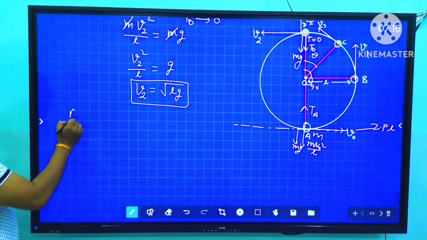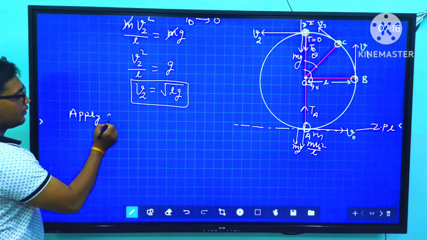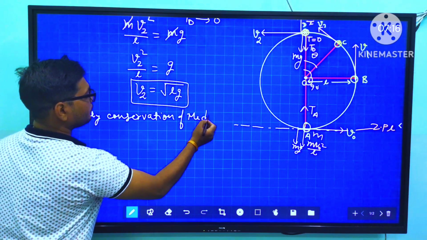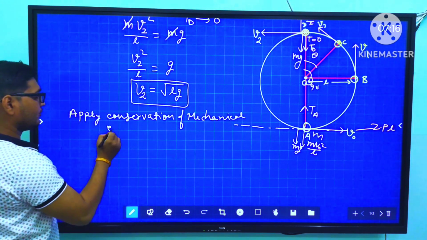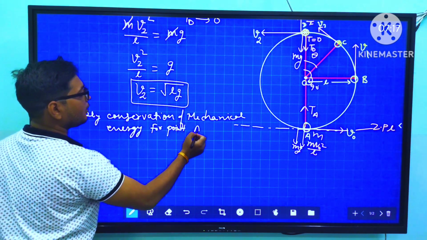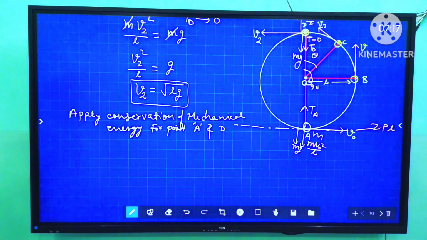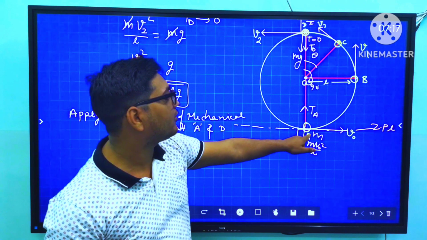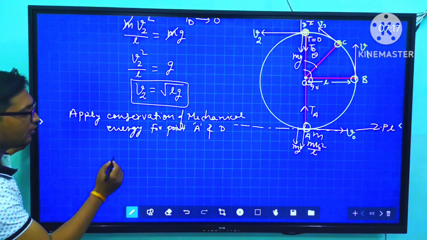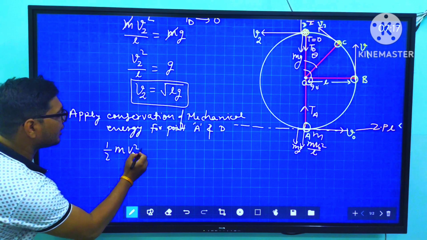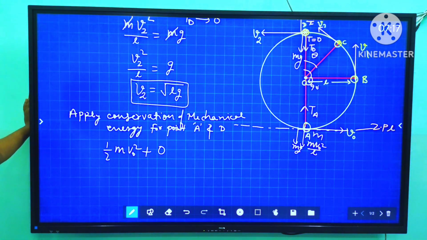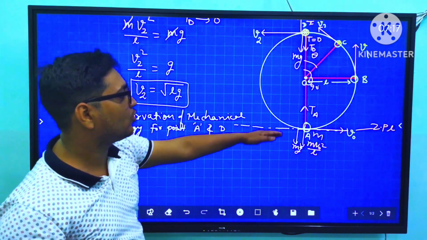To apply conservation of mechanical energy for points A and D, we will put the total kinetic energy and potential energy at point A equal to the total kinetic energy and potential energy at point D. So we can write like this: half mv0 square, that is the kinetic energy at point A, plus 0, because point A is at the zero potential line or the lowermost point, so potential energy at the lowermost point will be 0.